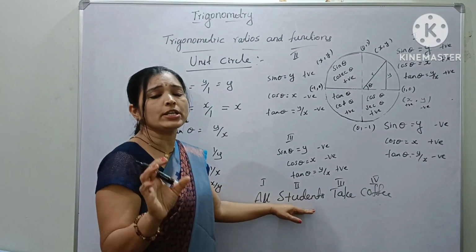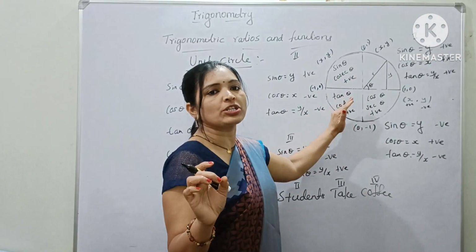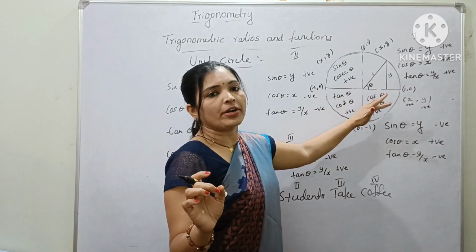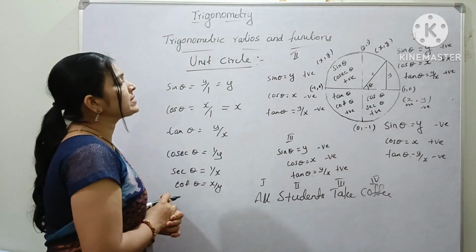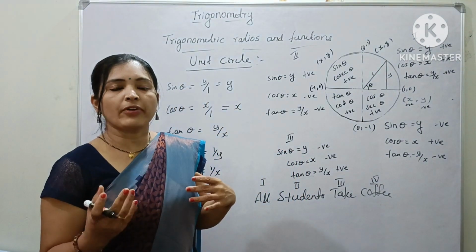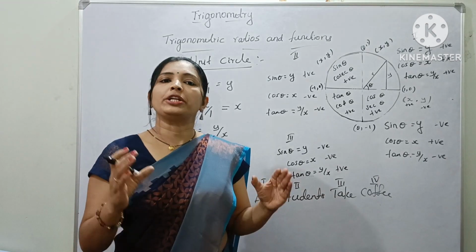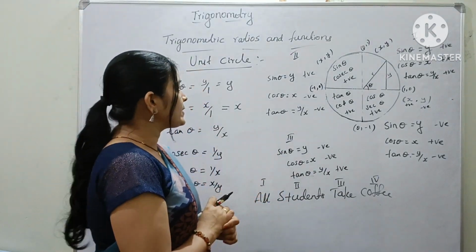It is the sentence for remembering the signs of the 6 trigonometric functions in different quadrants of a circle. Next we will study how to find the 6 values of the 6 trigonometric functions given an angle measure. So let us see.